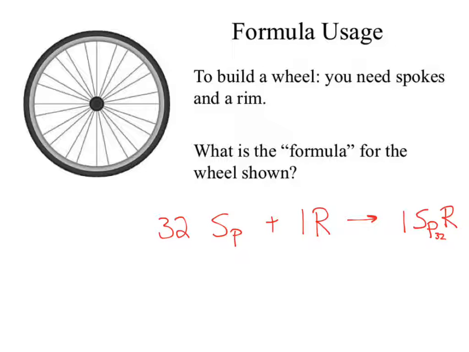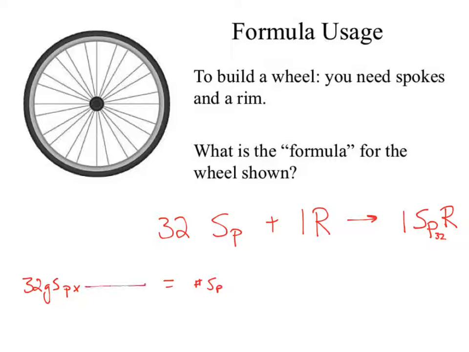Up to this point, we didn't really have a way to convert between substances. Now we do. So if I gave you 32 grams of spokes, and I wanted to convert that into the number of spokes, what do I need to know?